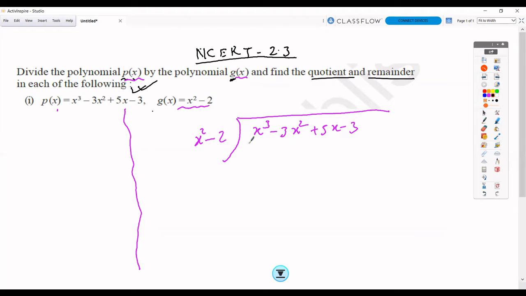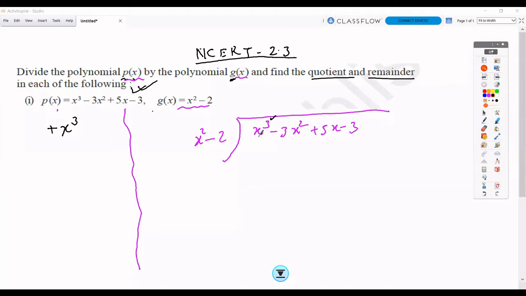We are supposed to find the highest degree, means the highest power term from the given polynomial p(x). So the highest power is 3 and the term is plus x cube.